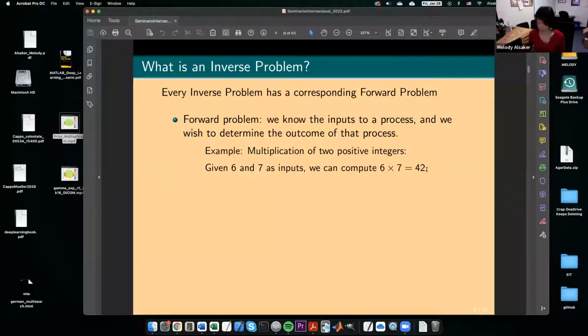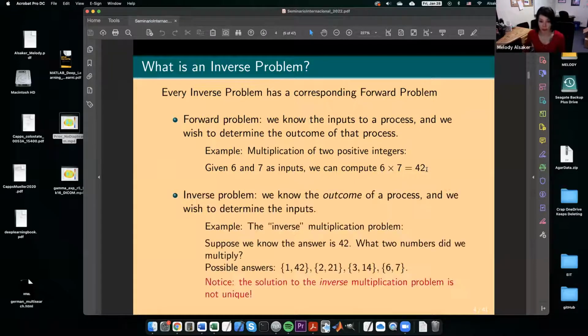All right, that's straightforward. Now the inverse problem that goes with that: an inverse problem is when we know the outcome of a process and we wish to determine the inputs. So the inverse multiplication problem is, if we know what the result was, we know the answer is 42, but what two numbers did we multiply, right?